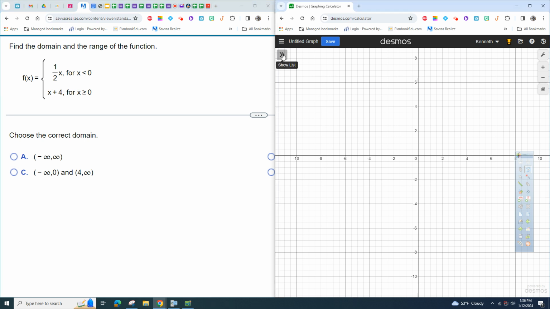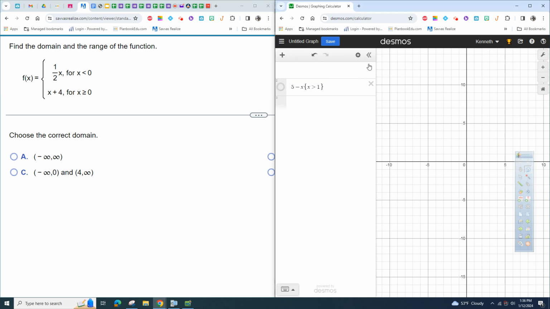So let's come over here to Desmos. I'm going to have to clear out some things. It's hard for me not to write y equals, but I don't really have to here. So I'm going to do 1 divided by 2. You see how it automatically jumped into a fraction there for me? That's nice. X. And then hit enter.